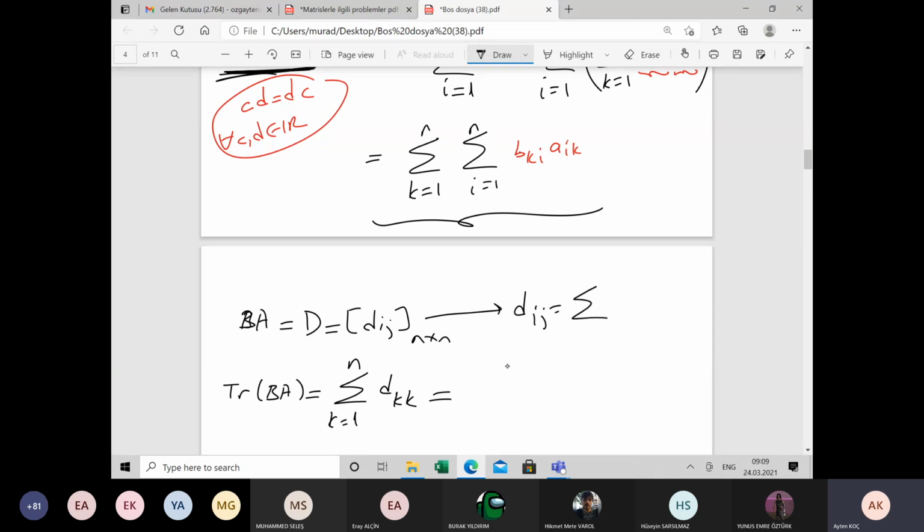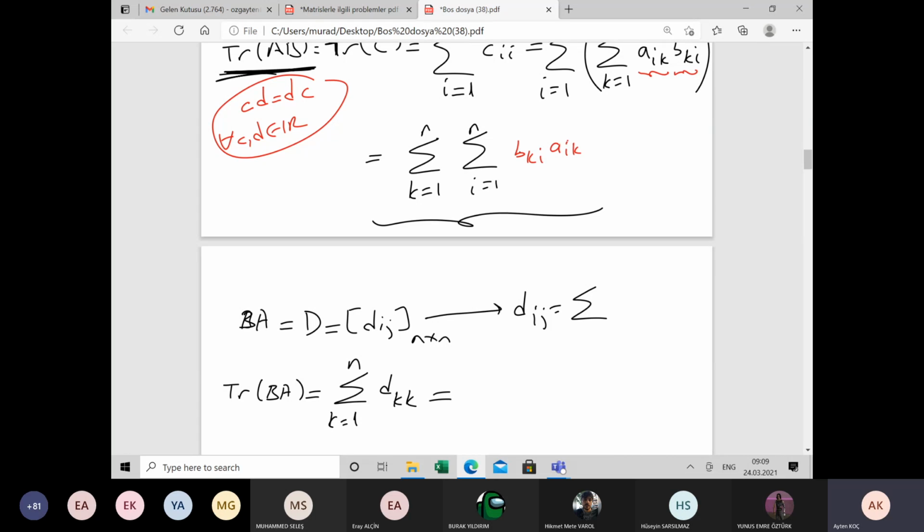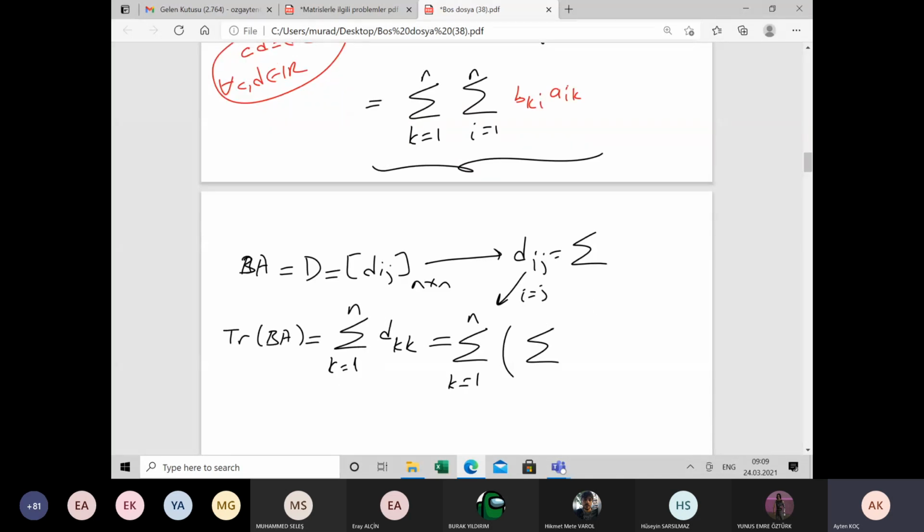So we substitute. Here D_ij is equal to, use the product rule, here I equals J, for the diagonal entries, the sum over k from 1 to n. Yes, the sum, but the order is important. B times A is okay.